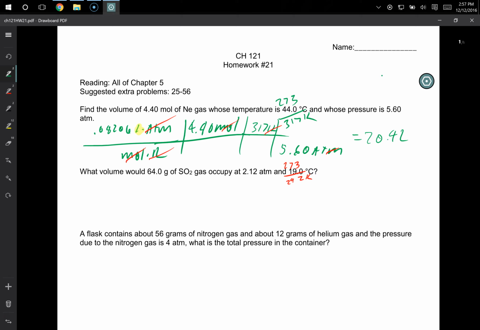When I put R, my units all canceled. But you didn't even put liters in the problem. You said find volume. What is this thing right here? If you do it the right way, I wouldn't have liters times atmospheres over moles.